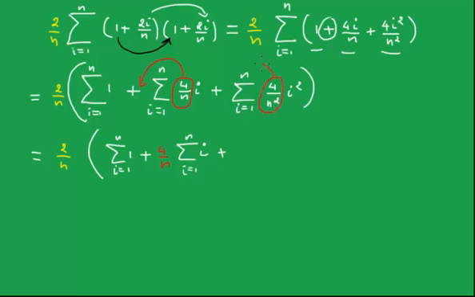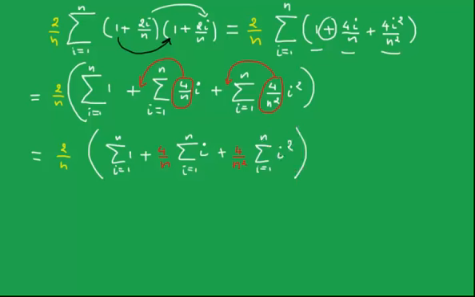Here we pull it out of this sigma. Remember, these are the linear properties of the sigma sign. So 4 over n squared, now sigma i equals 1 to n of i squared.